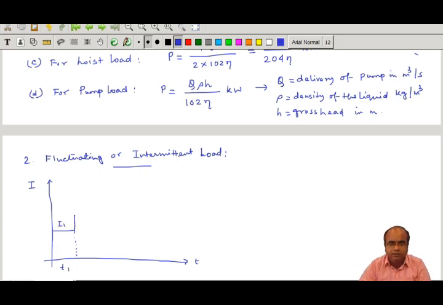Now after some time t1, the load is increased, the current will be increased for time t2. Now consider that load is decreased for time t3.